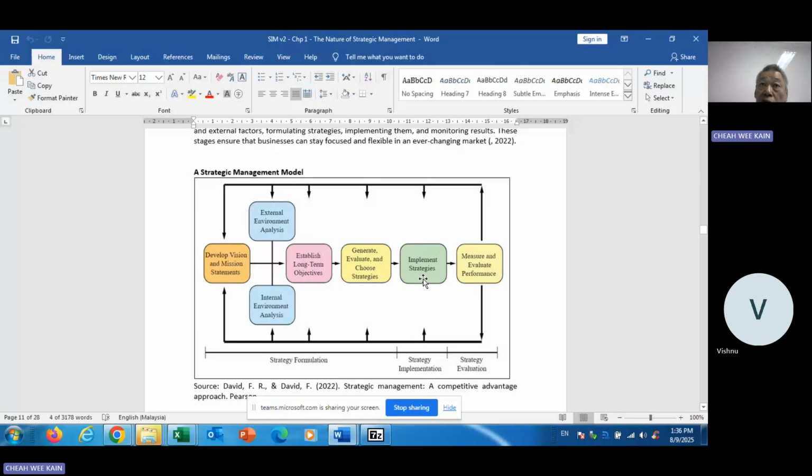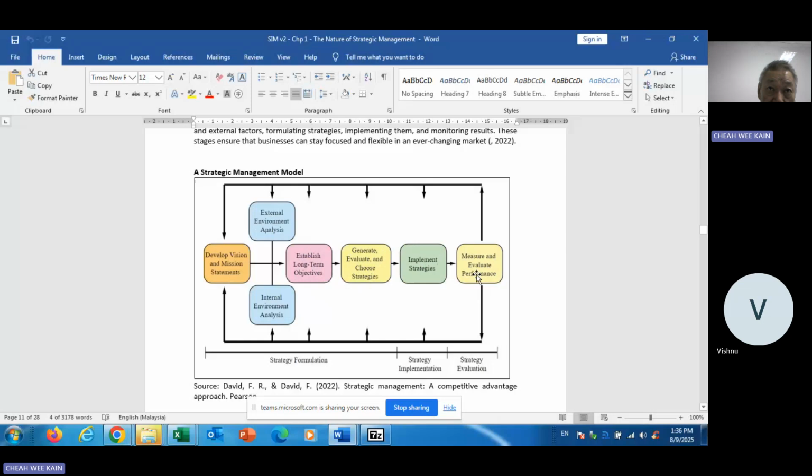Because you're going to get a lot of people involved to work towards the main strategies. So you need to convince people, and that's the problem, because some people may have a different thinking from what the company is thinking, right? So you need to implement it well, and then at the end of the day, you will compare the actual result versus the planned result or the budget result, the KPIs which were stated in the strategies.